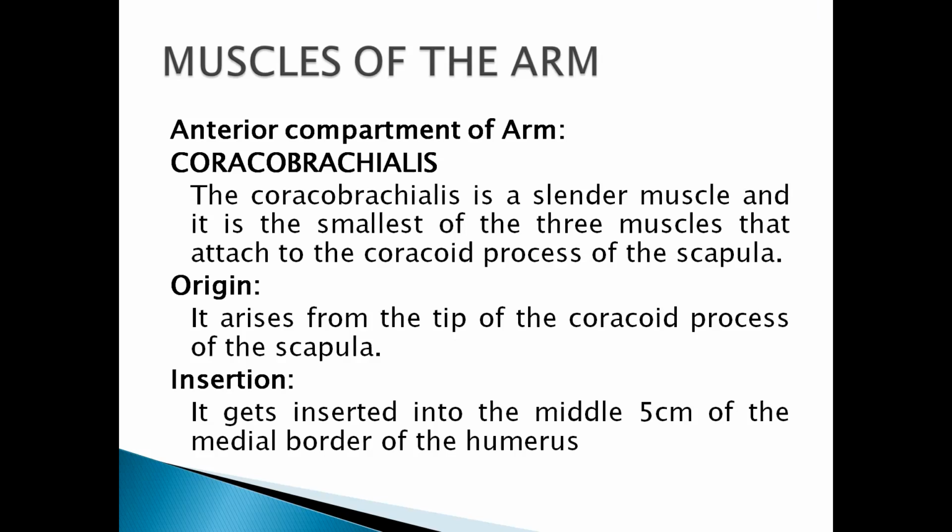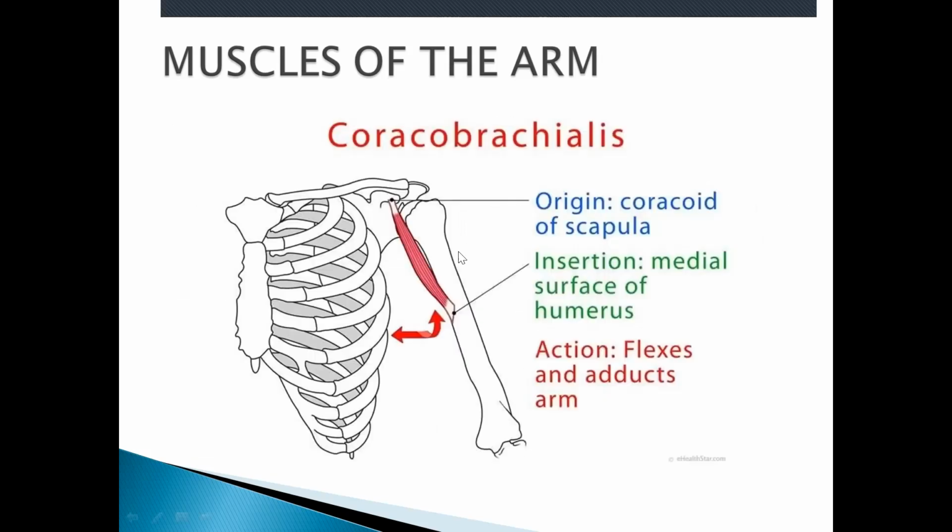So this coracobrachialis arises from the tip of the coracoid process. To be more specific, it arises from the medial part of the tip of the coracoid process. This is a picture depicting the coracobrachialis. It gets inserted into the medial border, middle 5 centimeter of the medial border of the shaft of humerus.